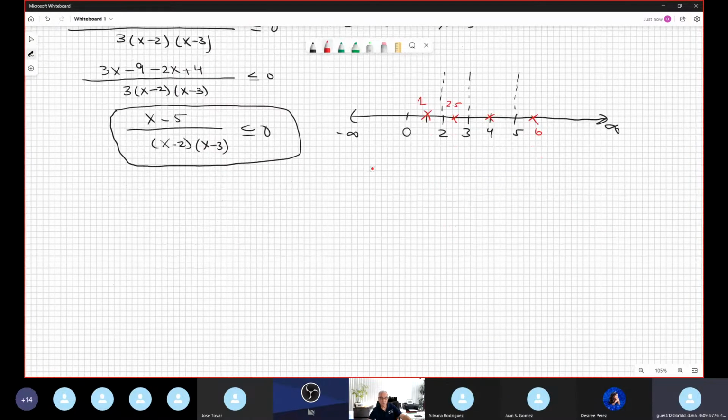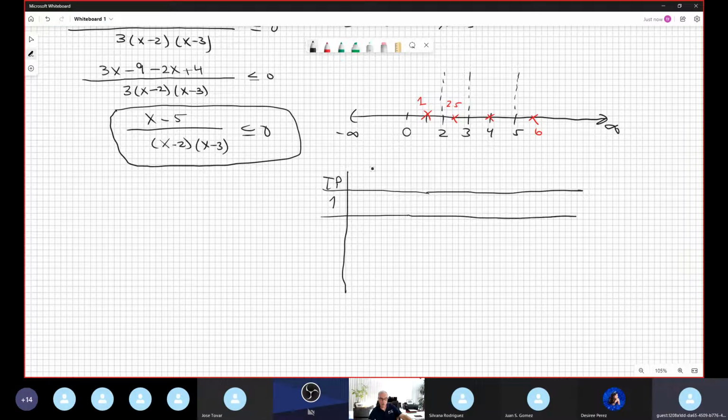This point you test, plugging it directly in the entire expression. Oh no, I prefer doing it in a different way. I prefer doing the testing factor by factor. So 1, 2.5, 4 and 6.